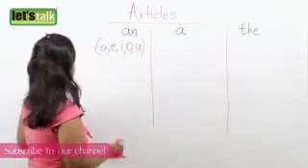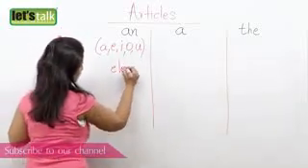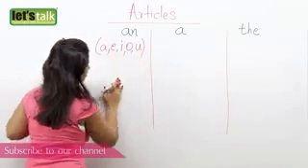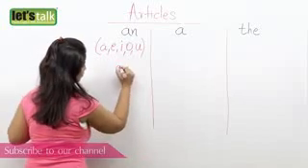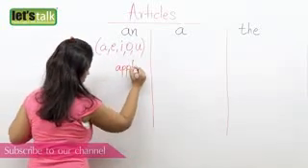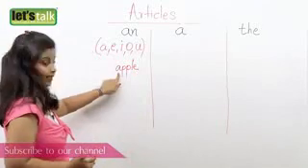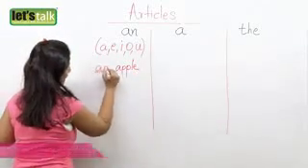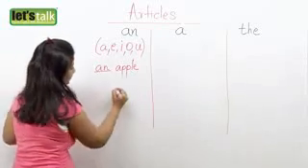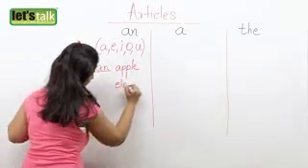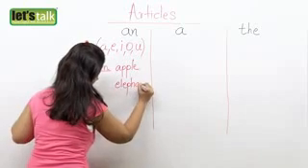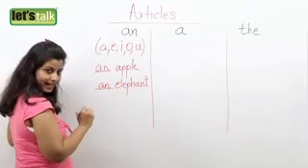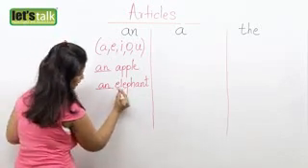Okay, for example, elephant. Okay, let's begin in the right order. What about apple? Here, A is a vowel. So here we write an apple. If I talk about elephant, again we are going to use the article an because E over here is a vowel.